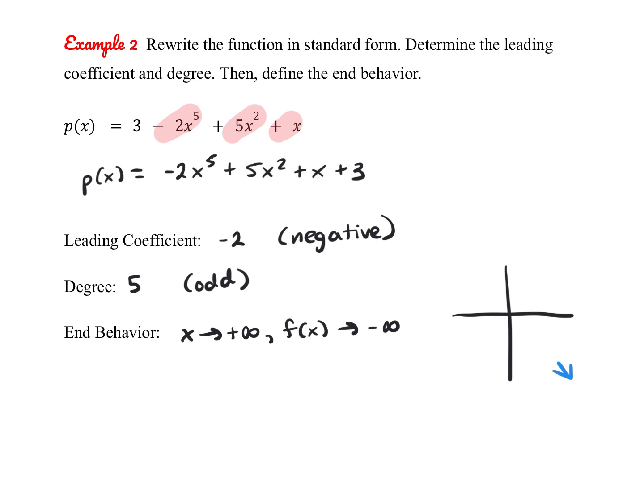That's because the leading coefficient is negative. Now I look at the degree and I see that it's odd. Odd means opposite. So since this side is going down, I know that this side must go up. So I know that as x approaches negative infinity, f of x approaches positive infinity. And that's it.